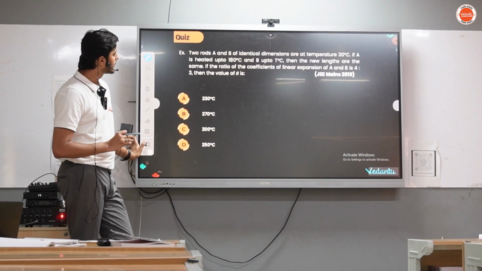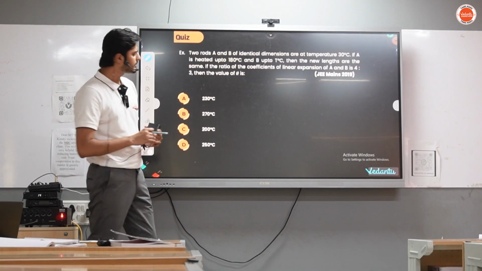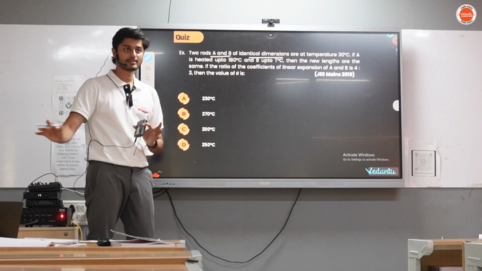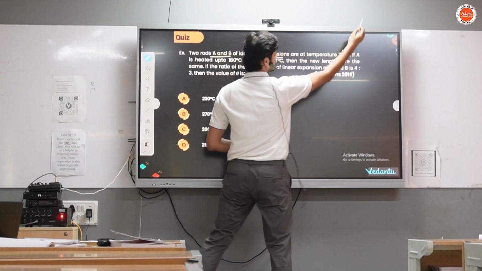Look at this question. Two rods A and B of identical dimensions, same length, at 30 degree Celsius.